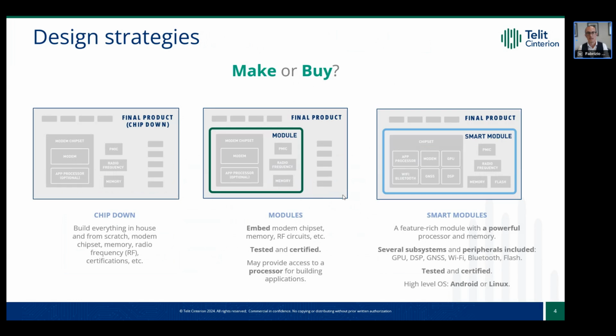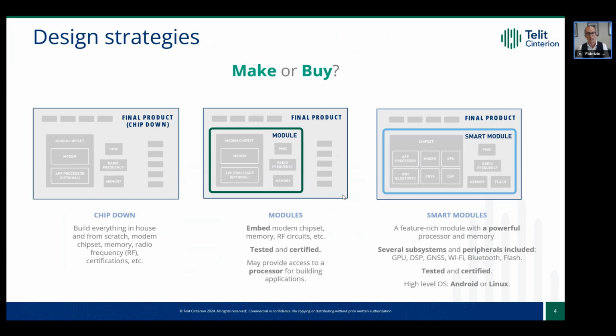For example, they have a much more powerful application processor, maybe with several CPUs at high frequencies. It has a GPU, a DSP. They can also have specific hardware, for example, a neural processing unit. Usually they have bigger memory, like a bigger flash, a bigger RAM, with respect to just a module.